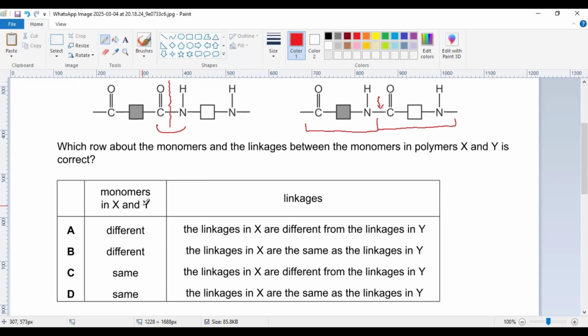So the monomers in X and Y are different. Yes, these are the monomers: amino acid, and dicarboxylic acid and diamine. Yes, these are different.